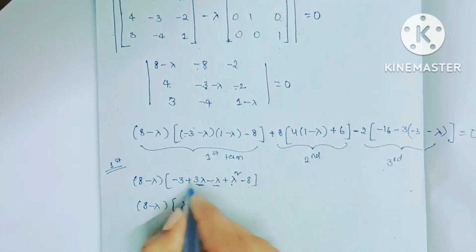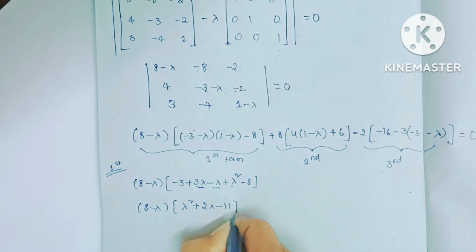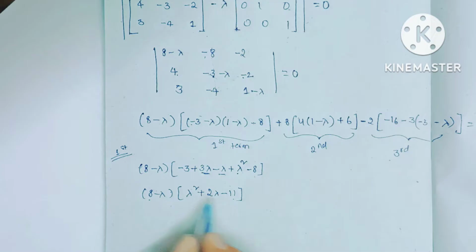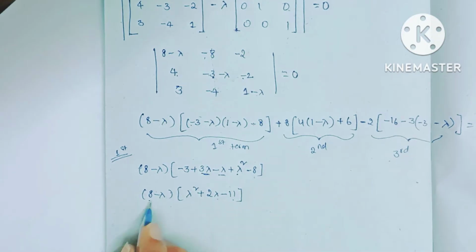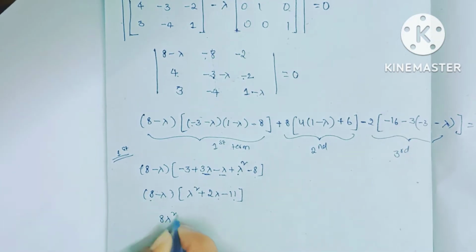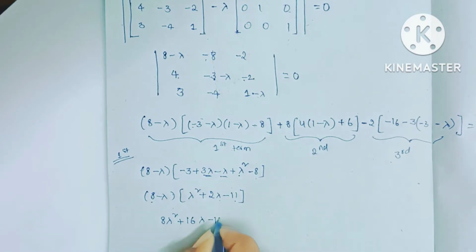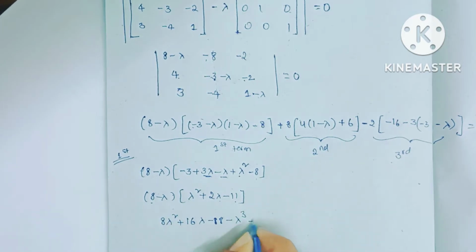Okay, and here we get 8 into this one, minus lambda into this one, so we'll get 8 lambda square plus 16 lambda minus 88, minus lambda cube minus 2 lambda square plus 11 lambda.